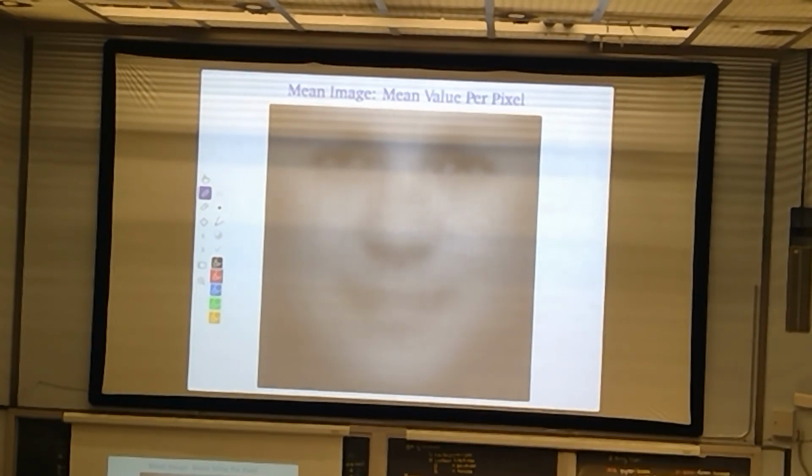How I name them, whether it's this image first or second, doesn't really matter. That's the thing with a vector: there's no particular ordering of the dimensions. So I add all these images and divide by the number of images, and I get this mean image. What do you observe in this mean image? It's pretty symmetrical, no?